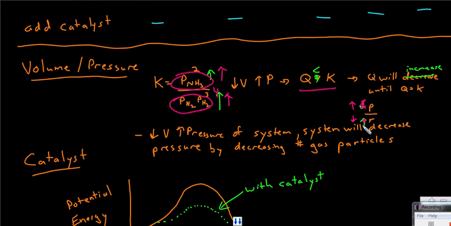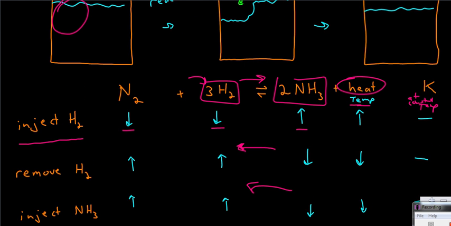Another way to view this topic, though, is to say that if you increase the pressure, the system will respond to that stress by decreasing the pressure, by decreasing the number of gas particles. We have all gas particles here, and this is important. You have to pay attention to the states of matter.